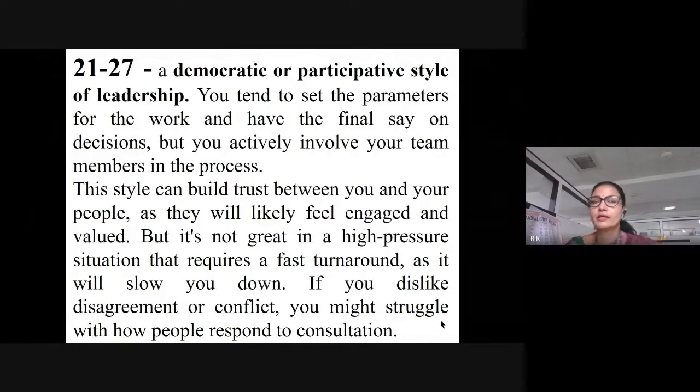Generally we get very good results when we are working in a very high pressure situation. As per the research, stress to some extent for faculty members is really required. Otherwise we don't work. So this is a good style, but all the time we cannot adopt it.